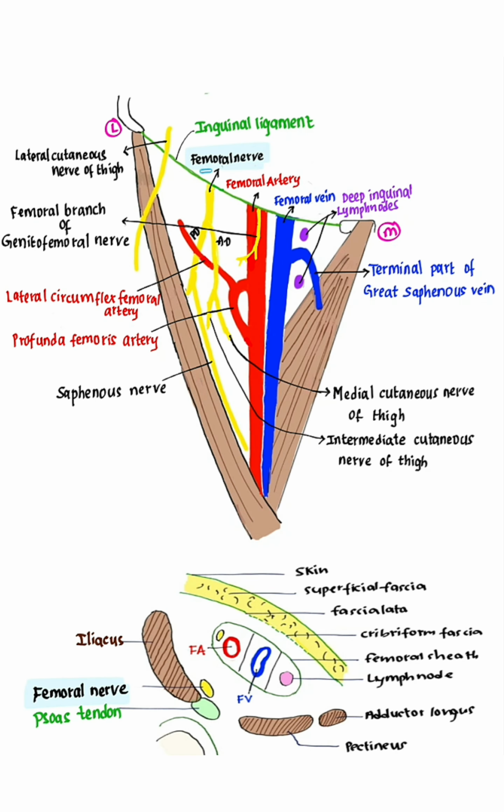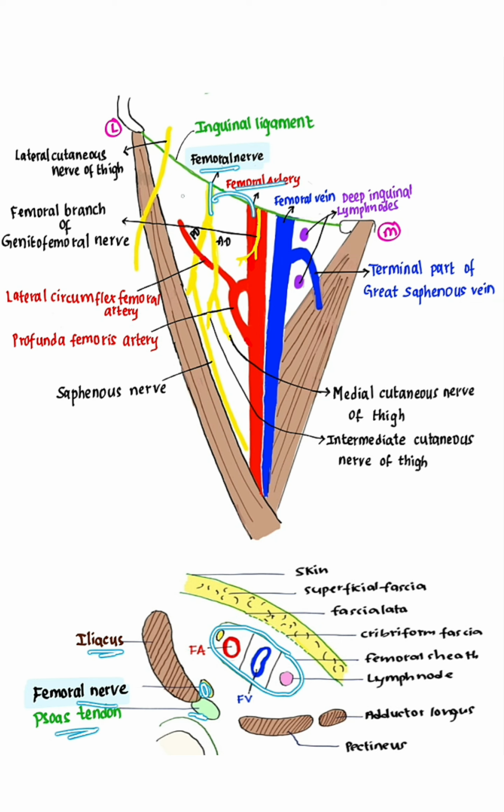Femoral nerve. Femoral nerve lies outside the femoral sheath, in a groove between iliacus and psoas tendon. It lies lateral to femoral artery.